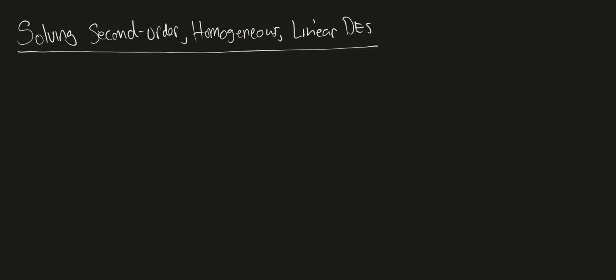In this video, we're going to take a look at how we will actually go about solving some second order homogeneous linear differential equations, right? And in order to be able to solve them, there's another assumption or requirement that we will have to make about the differential equation.